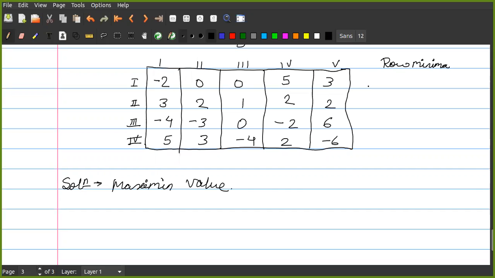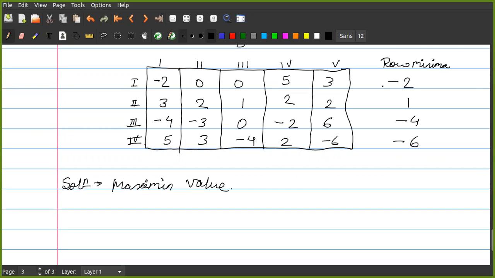What is a row minima? Row minima is the minimum value for that particular row. So for row 1, what is the minimum value? -2. For the second row, what is the minimum value? 1. What is the minimum value for the third row? -4. Next is -6. Correct, Aditya?